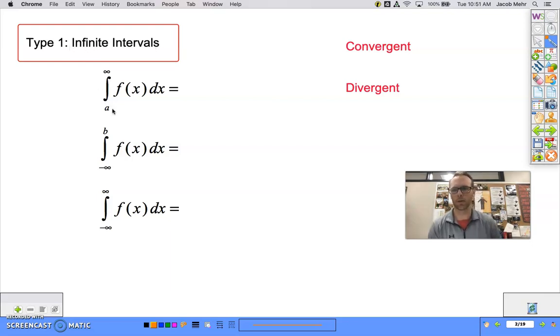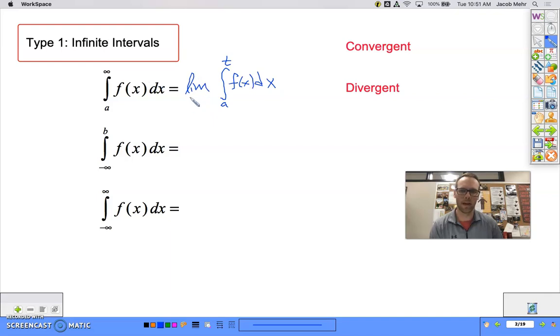So we're taking the integral from a to infinity of f of x dx. What we do is kind of like what we did last time. We take the integral from a to some t of f of x dx, but then we take the limit of that as t goes to infinity.